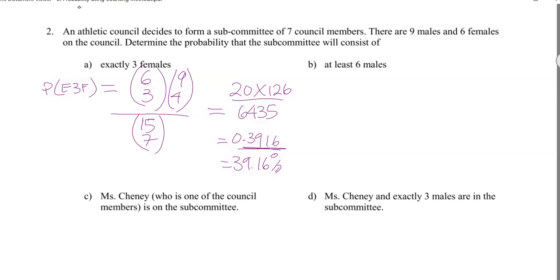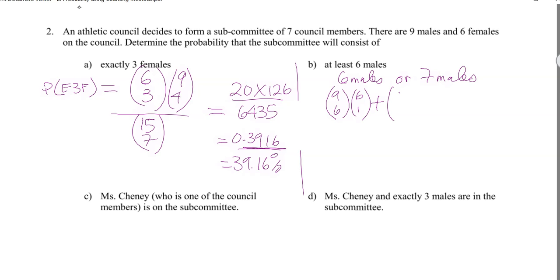At least 6 males. So that is 6 males or 7 males. So 6 males: there are 9 males, 9 choose 6. There's 6 females and we need 7 people, so 6 females, we need 1.